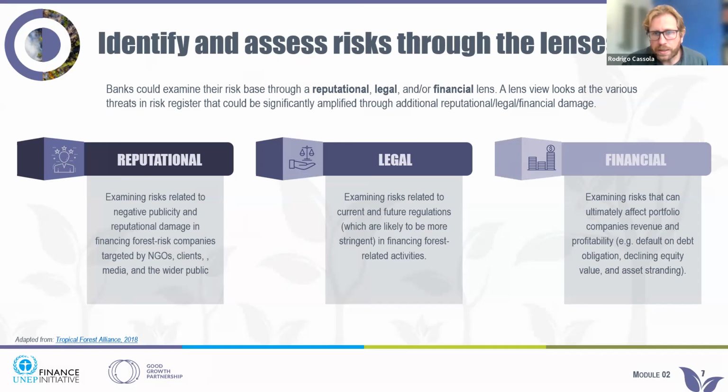Lara will be presenting the legal lens, examining risks linked to current and future regulation that are likely to be more stringent in relation to forest-related activities. And Jonathan will end the training today by talking about the financial lens, examining what's probably the less explored element of risk in the context of deforestation, which is the risk ultimately affecting the portfolio of companies from a revenue and profitability perspective. Next, please.